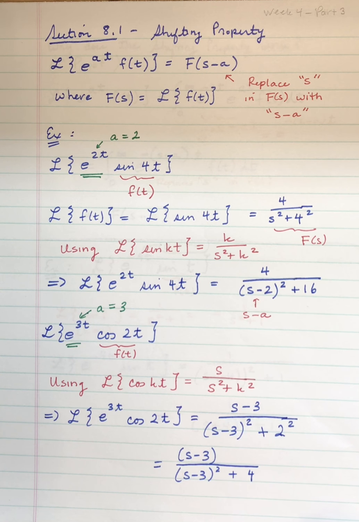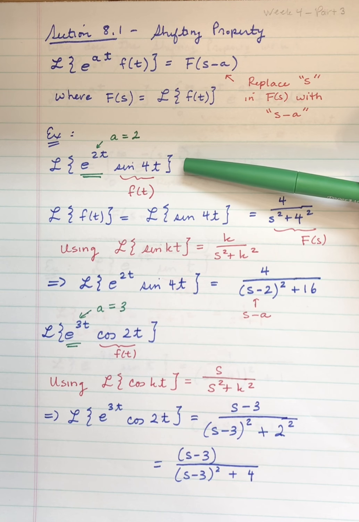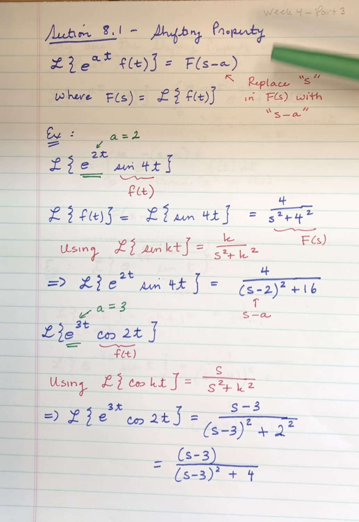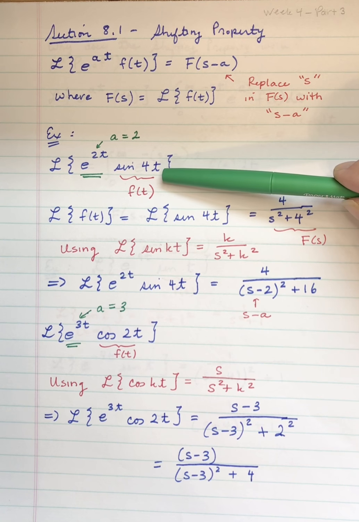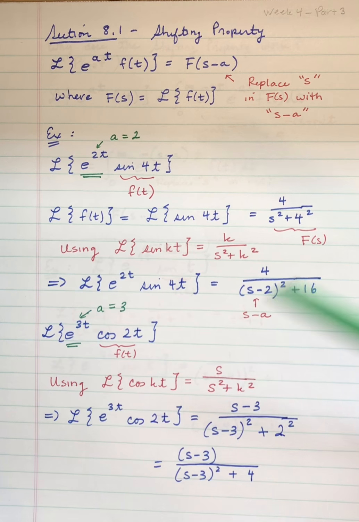I think you'll find it fairly simple to apply. So let's say we want to find the Laplace transform of e to the 2t times the function sine of 4t. In terms of this property as it's listed, the little f of t function is sine of 4t, and here's your exponential function. So here your a is 2.